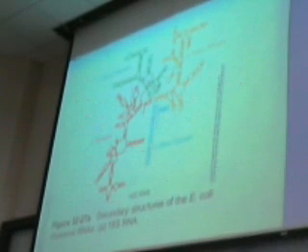Now, when people did the sequence of these ribosomal RNAs, they were able to find regions that could base pair, that had complementarity, and they developed these maps of what a 2-dimensional structure might look like. And here's the 2-dimensional structure of the 16S RNA from the small subunit.